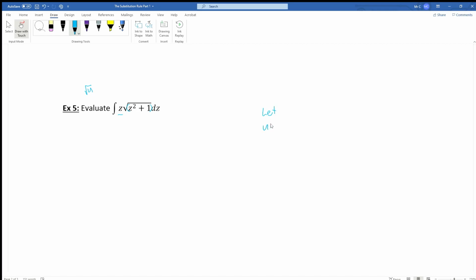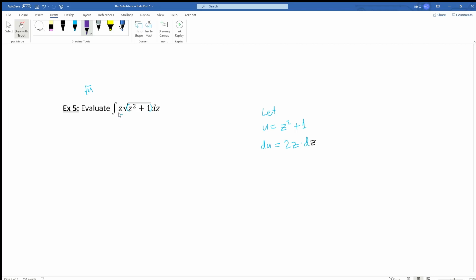We're going to let u be equal to z squared plus 1. Maybe I can write that z a little clearer. Well, then when I take my derivative of u, I'm going to get 2z plus 0. And then we're going to have to multiply by dz, right? So when I multiply my denominator across, I'll get du equals 2z dz.